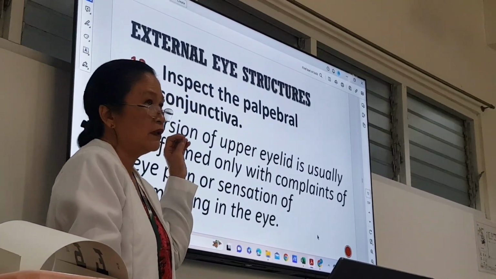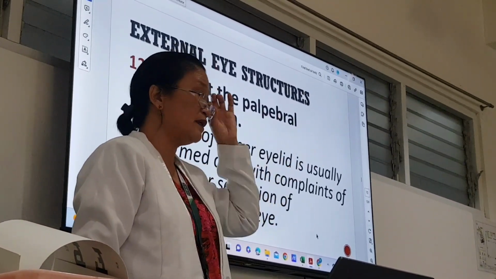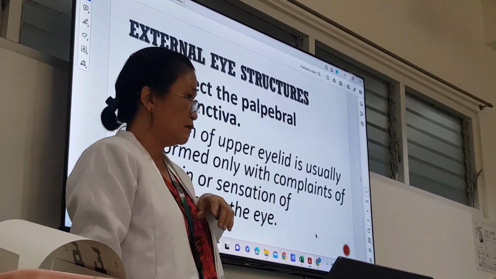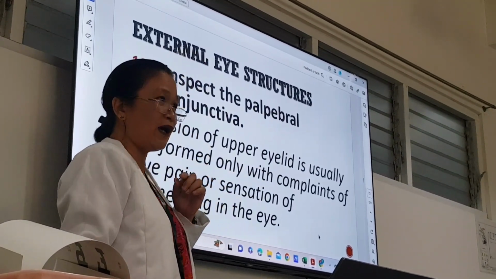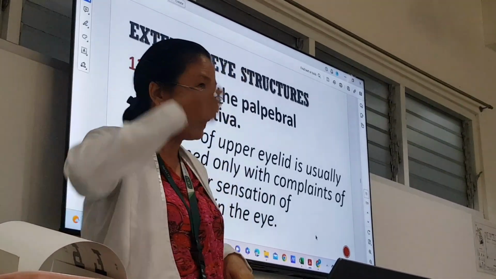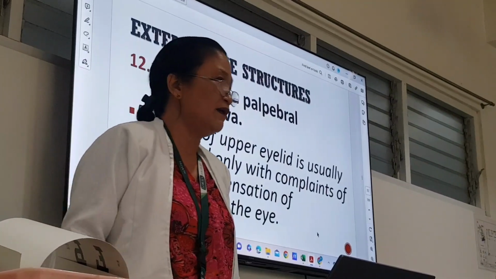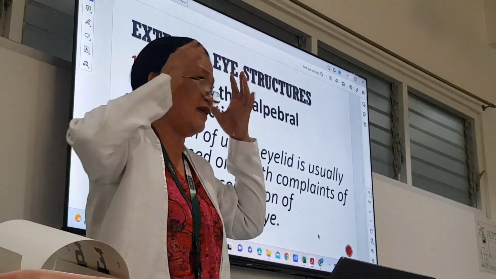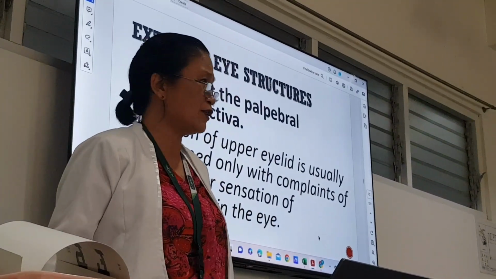Pero alam niyo ba kung paano niyo i-ano yung mata niyo sa taas? Oh, nalaro ko rin yan nung sekretary ako. Kala niyo pa, paglilisan. Yung iba ka, gaganon lang yung mga talagang naglalaro yung kanila. Pero nga, hindi ko na kaya. Kasi kasakit na rin ang part of my eyes. Kasi tumatanda na.